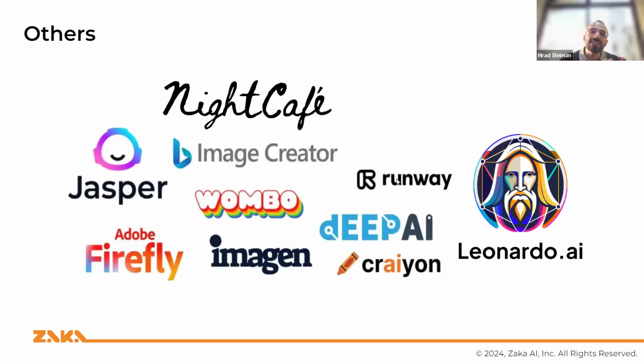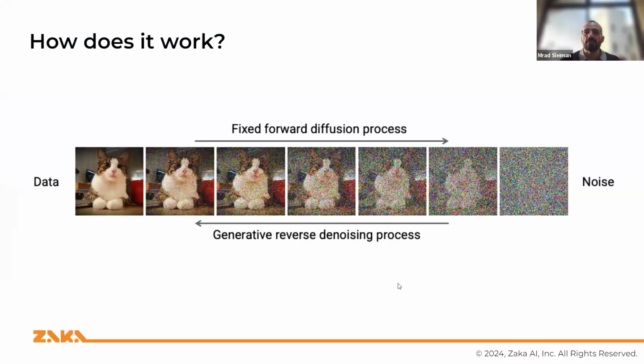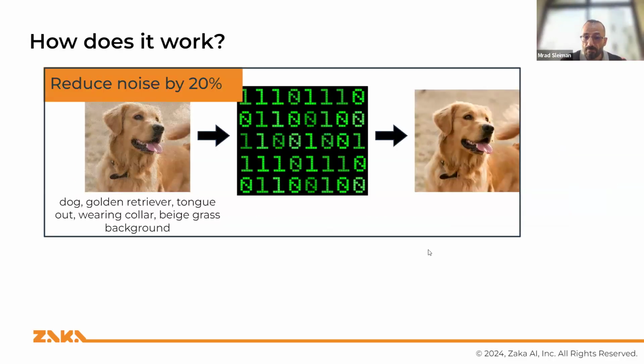Now, what is Stable Diffusion? I'm not going into technical details. But Stable Diffusion is based on the idea that we gradually distort images by adding noise, and the model learns how to denoise, how to remove the noise from the images in order to restore the original images.